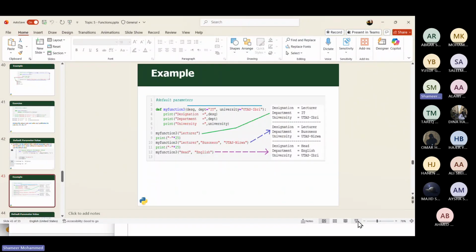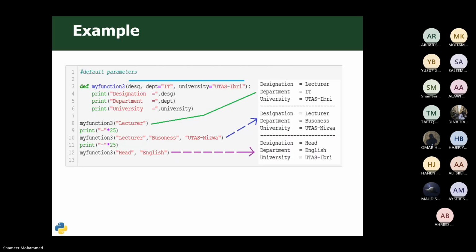Now see this program. There is a function here, my function 3. So designation, department is equal to IT, default. University name is default Ibri. So here you are saying lecturer. So lecturer, IT, default, because you are not passing what is your department, what is your branch name.